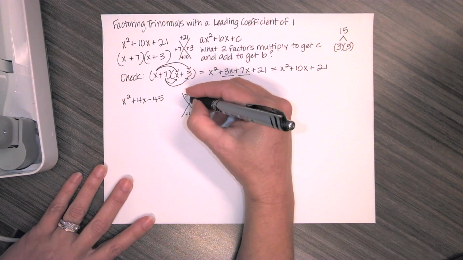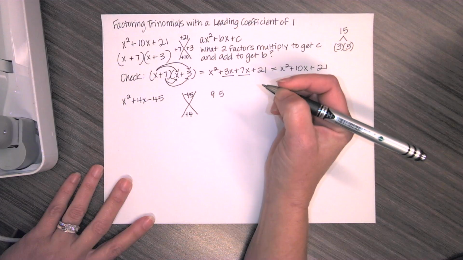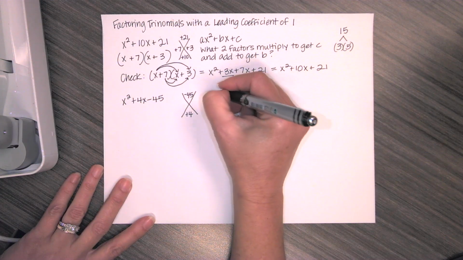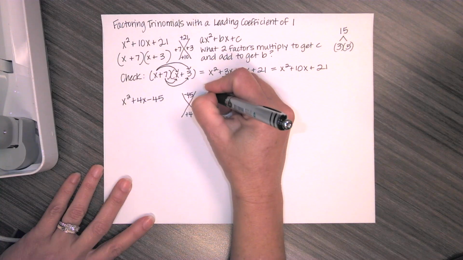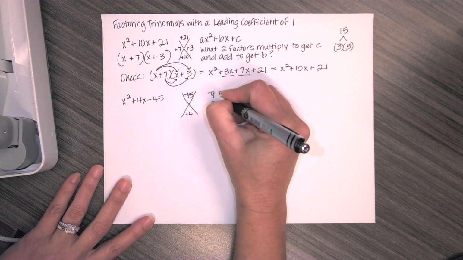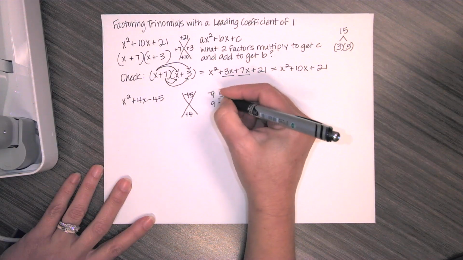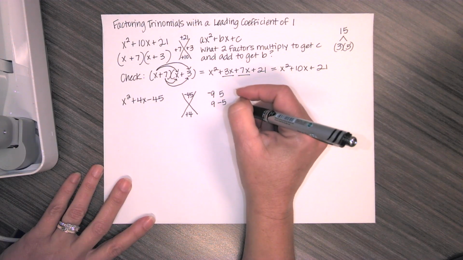Now this time the 45 is negative. So if you think of factors of 45, you have 9 and 5. One of these will have to be negative for them to multiply to get negative 45. So you're either going to have a negative 9 and a positive 5, or a positive 9 and a negative 5, or if neither one of these work, we'll have to look for some more factors of 45.